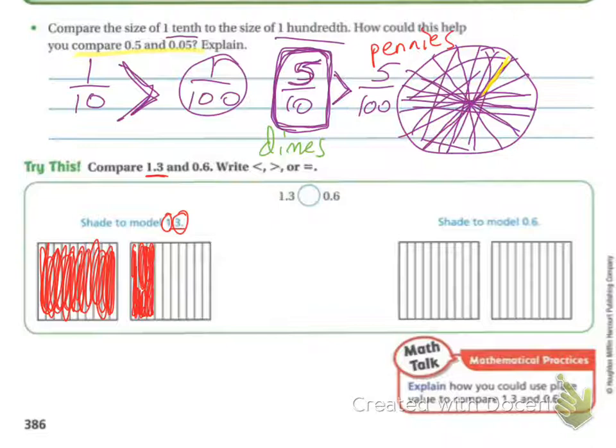And then over here on the other side it says 0.6 or 6/10. Same thing. So I'm going to color in 2, 3, 4, 5, 6. We're going to color in 6 out of 10, or like 6 dimes. So you can see pretty easily, visually, which one is greater. They're definitely not equal.